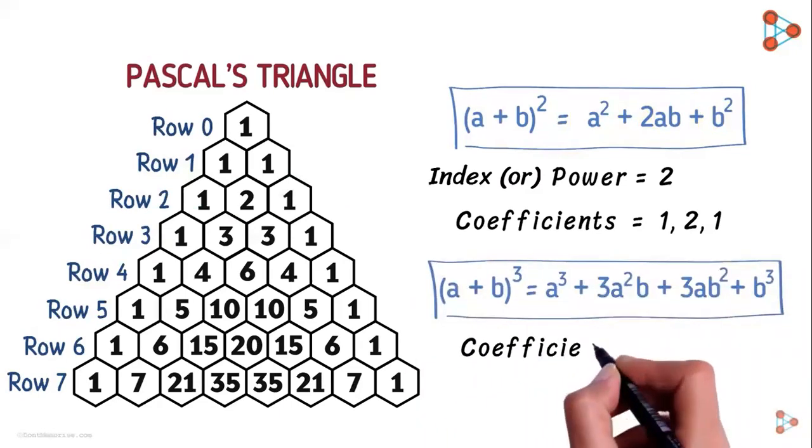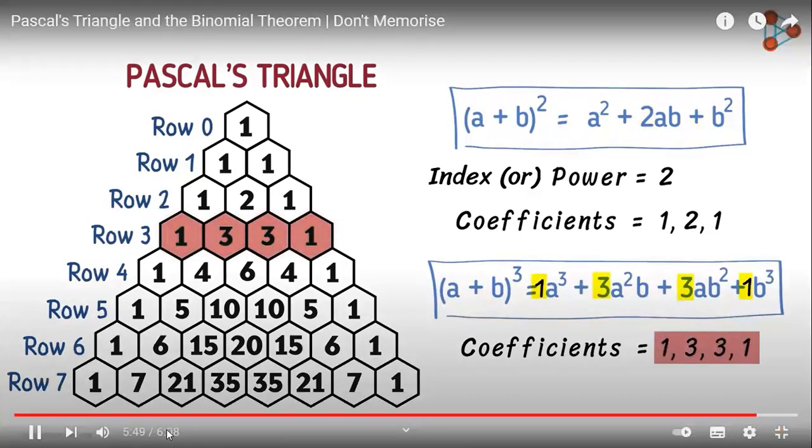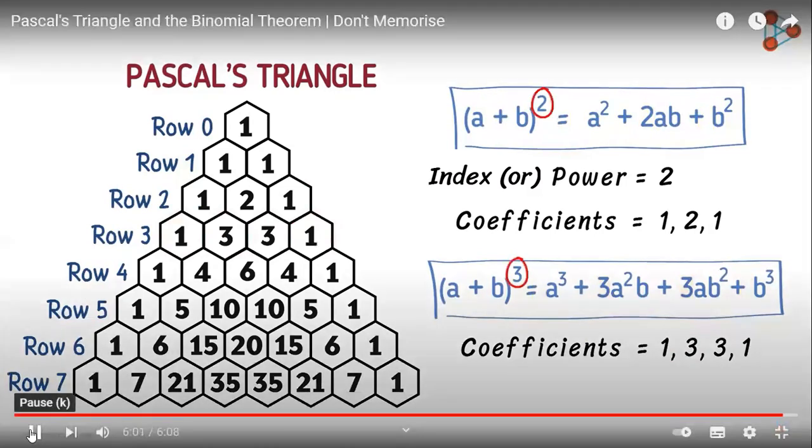What are the coefficients here? They are 1, 3, 3 and 1. Are the numbers the same as that of the third row of Pascal's triangle? Oh yes, they are. So, what can we conclude from this? We can say that each row in Pascal's triangle gives us the binomial coefficients for the expansion having any index.